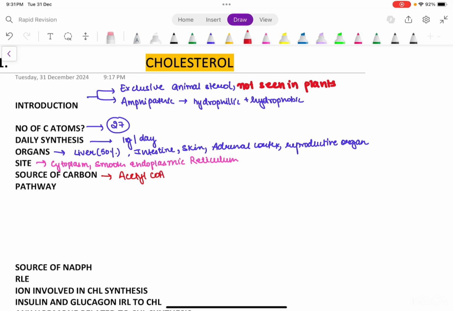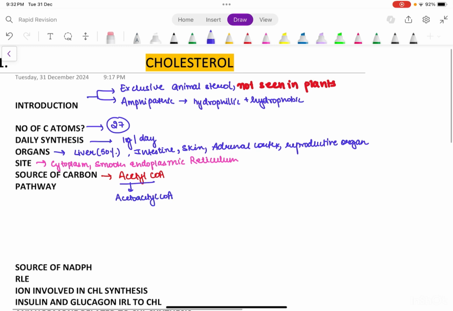All right. Now the pathway. I will explain the pathway in a very easy form, so it will be very easy and you will just remember it a lot better after watching this. So first of all, let's just get started with the pathway. As I told you, the source of carbon is acetyl CoA. So starting from the acetyl CoA, we have what is formed as acetoacetyl CoA.